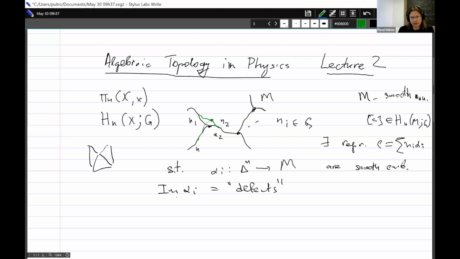But indeed, if you have a triangulation of the manifold, it's always possible that these alphas will be part of it. So this network of n-dimensional defects is what is called the n-skeleton of the triangulation.